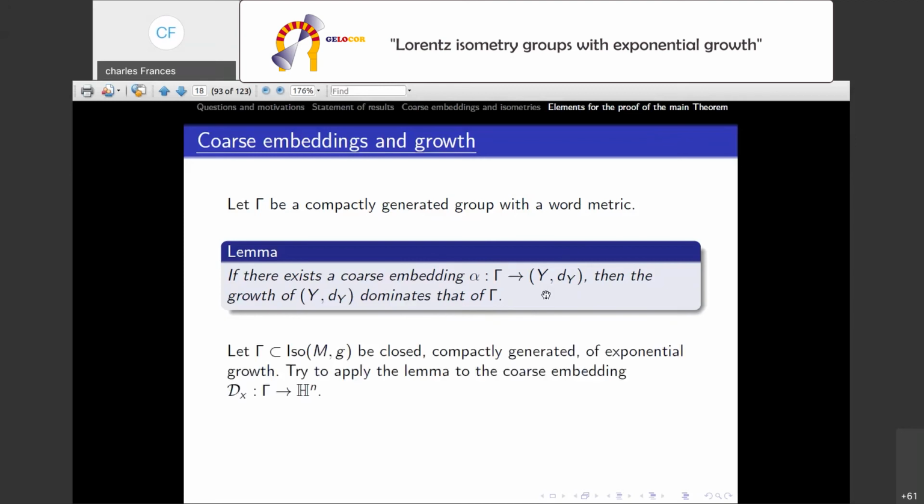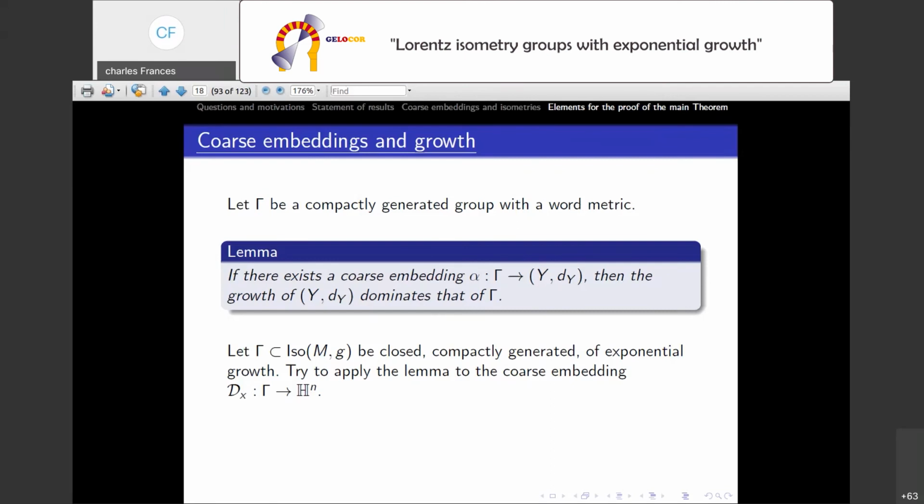Now let's go back to our situation of gamma, a subgroup of the isometry group, which is compactly generated of exponential growth, and try to apply the lemma to the coarse embedding given by the derivative cocycle. So there is a coarse embedding of gamma into the real hyperbolic space Hn. At first sight, it does not say anything, because gamma and Hn both have exponential growth, so it seems useless.